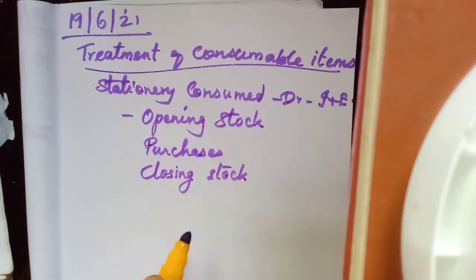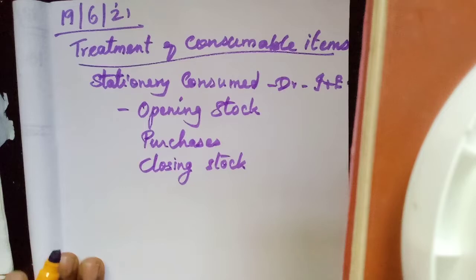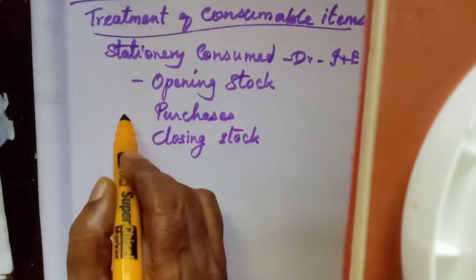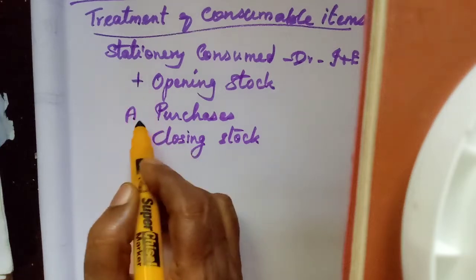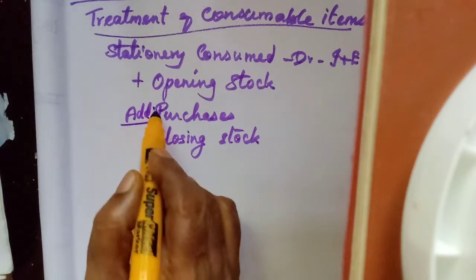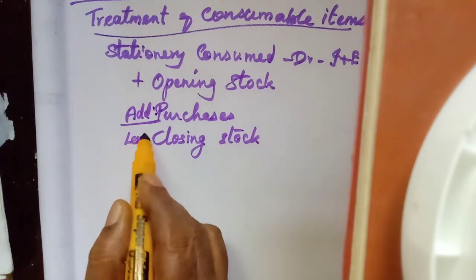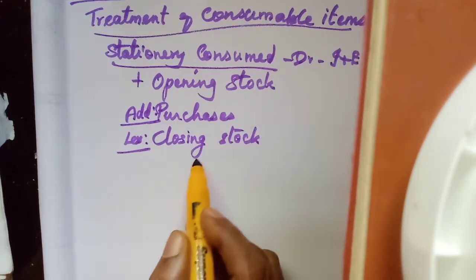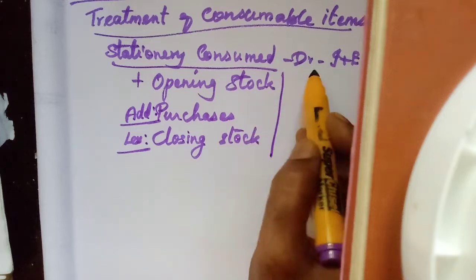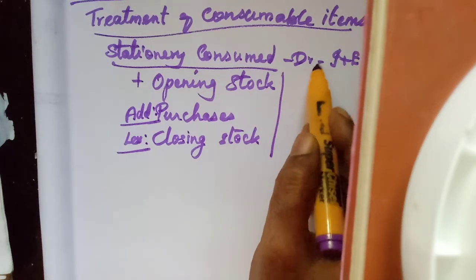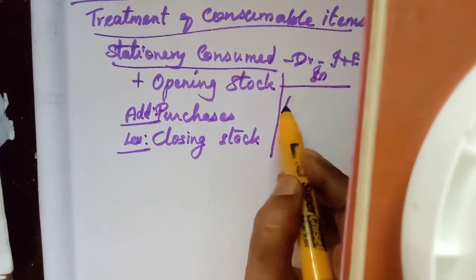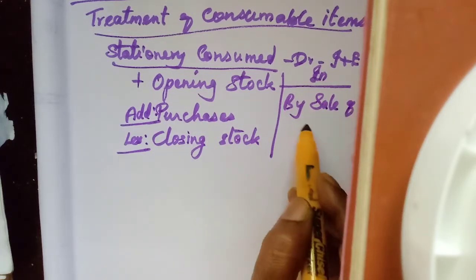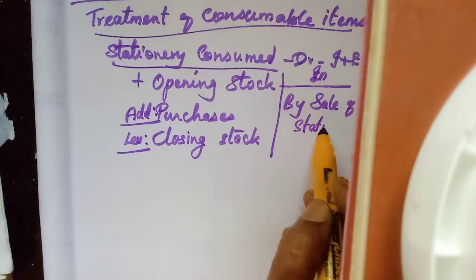So how will we write this in the income and expenditure account on the expense side? Opening stock, add purchases, less closing stock. There we will get stationery consumed. This one on the debit side. On the credit side, that means the income side, if there is any sale of stationery, sale of the consumable items, that will appear in the credit side.